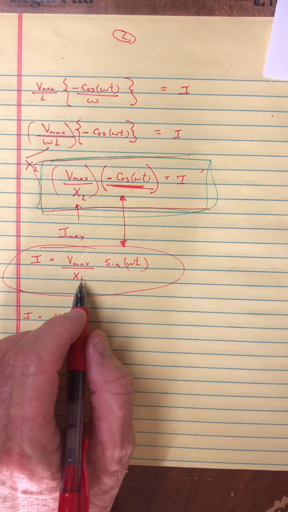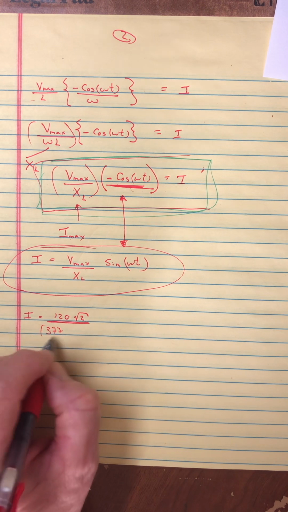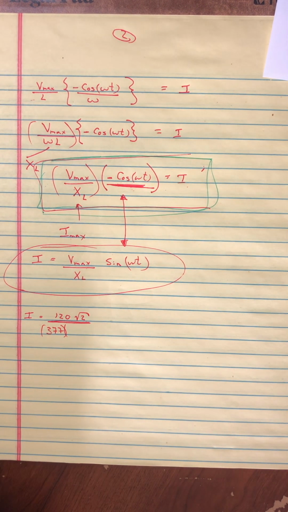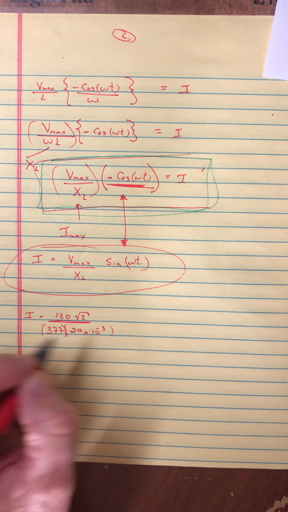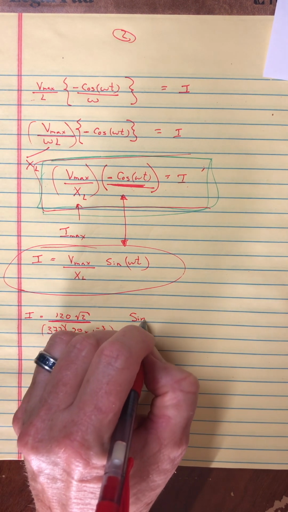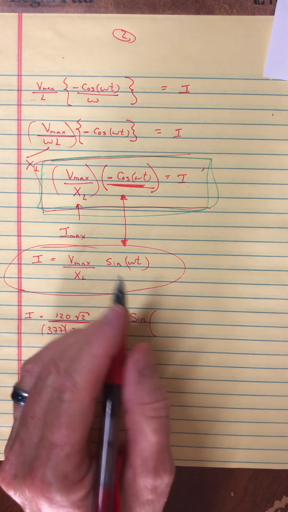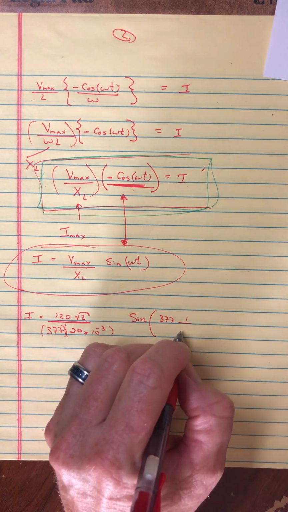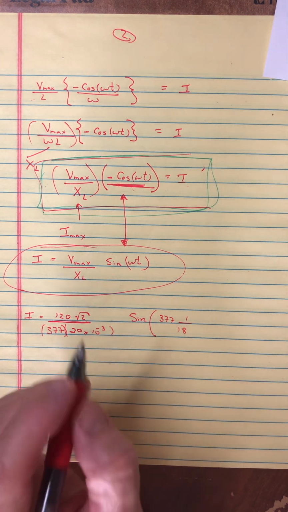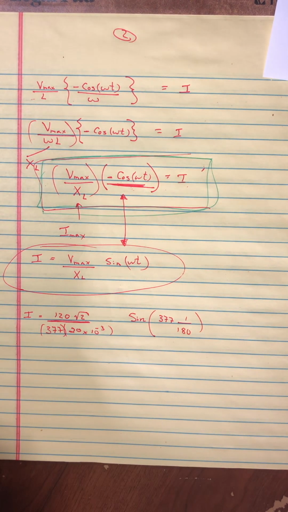Then I will divide by omega L. Omega, since it is 60 cycles, is that famous 377. That's worth memorizing. And the L is the 20 millihenries. And then the same thing here. We can go sine, and we can go omega, 377, and 1/80th of a second.